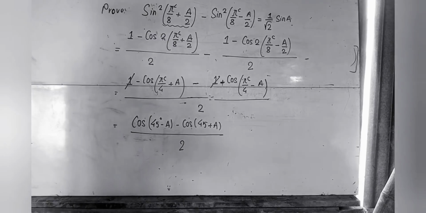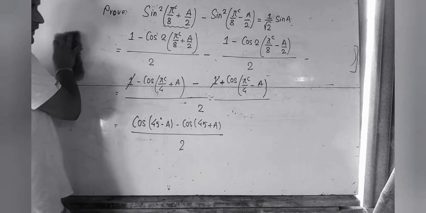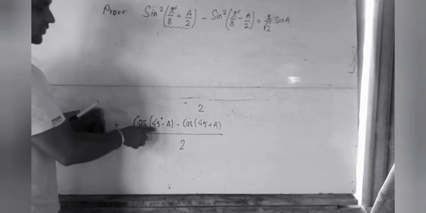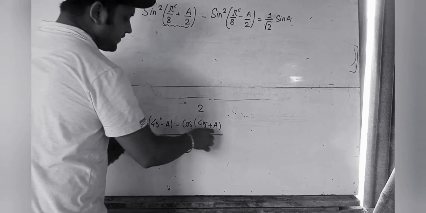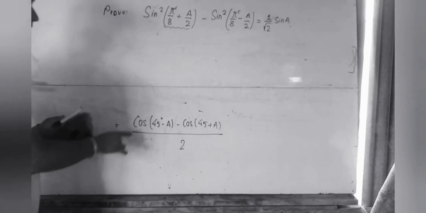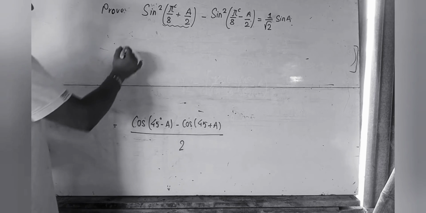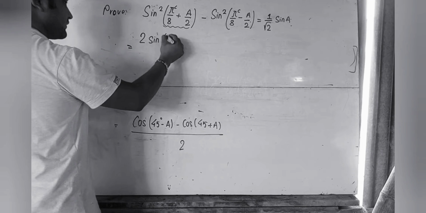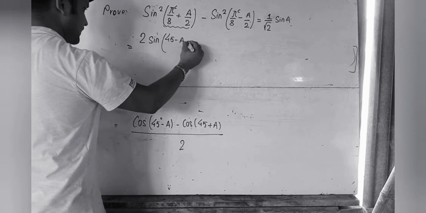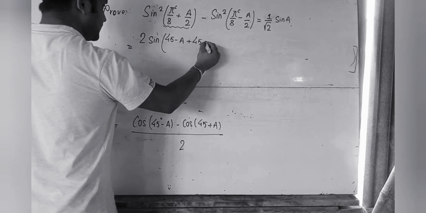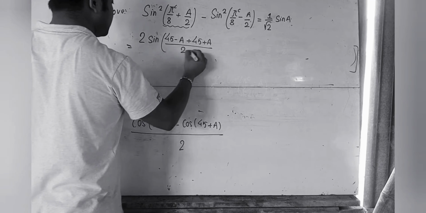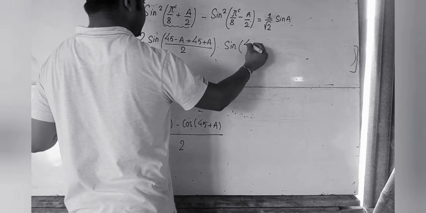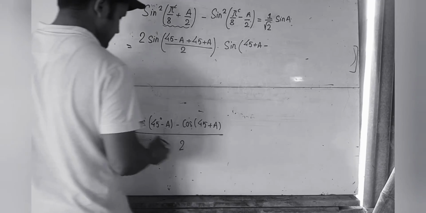Now we are here right now. In the numerator we can use the formula of cos c minus cos d. If you suppose 45 minus a as c and 45 plus a as d, then it becomes cos c minus cos d. And the formula of cos c minus cos d is 2 sine c plus d by 2 dot sine d minus c by 2.